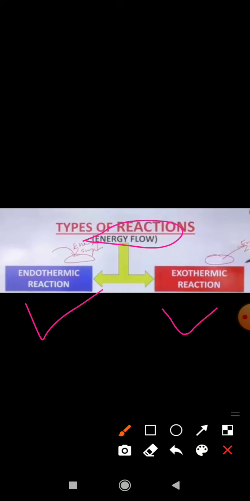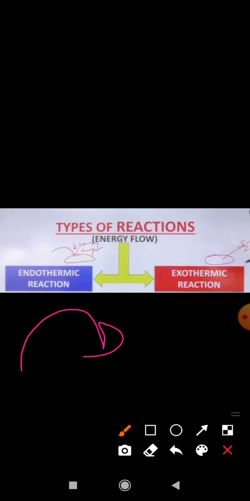First is endothermic reaction and second is exothermic reaction. In an endothermic reaction, energy goes inside, meaning energy is taken in, and in an exothermic reaction energy is evolved. We can also say energy exits, meaning energy is put outside of the body. These are the two types of reaction.